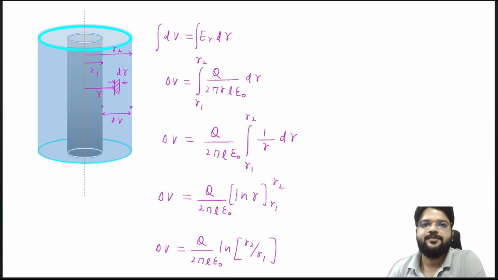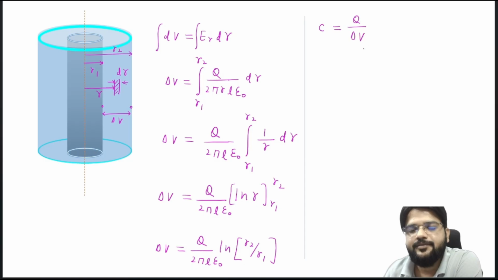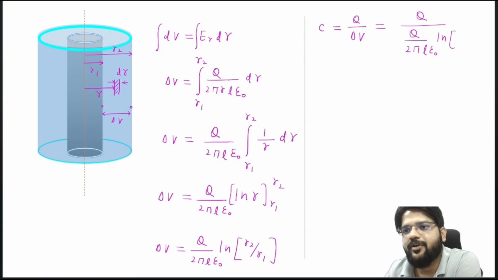Now we have the potential difference between these two surfaces. We want the capacitance. So what is the capacitance? According to the definition of capacitance, C equals Q by del V, correct? What is the value of Q? Q is Q. What is del V? We got del V as Q by 2 pi L epsilon naught log R2 by R1.